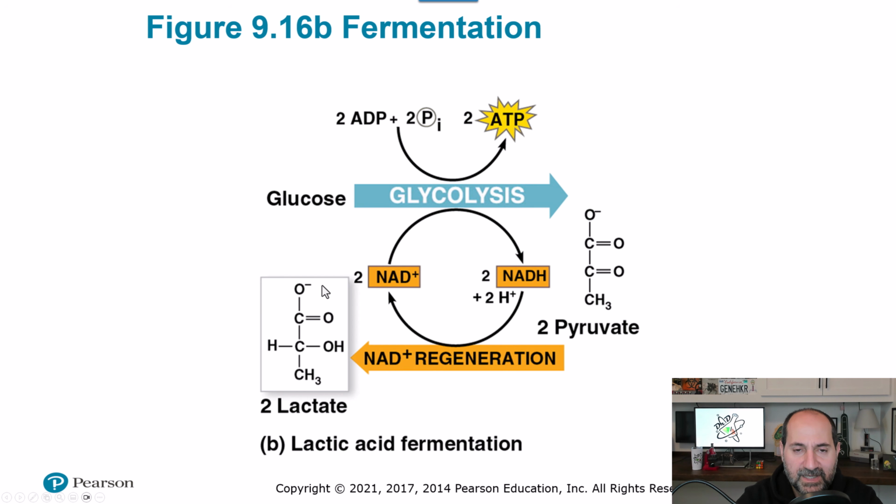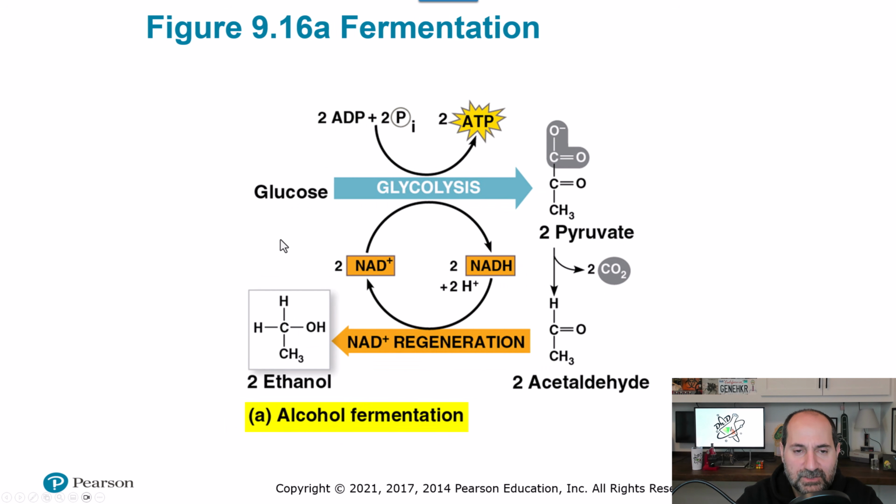Okay, let's compare that to alcohol fermentation, which is very similar. But in this case, again, there's not enough terminal electron acceptor like oxygen. So the only process that's going on is glycolysis. Again, we are forming 2 net ATP, 2 NADH. Our glucose becomes 2 pyruvates.